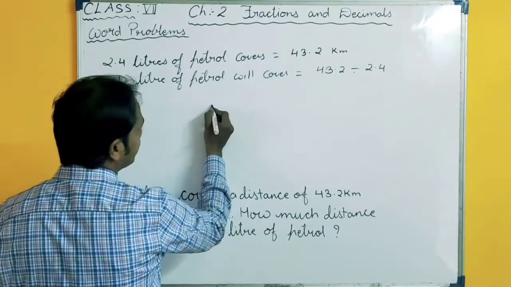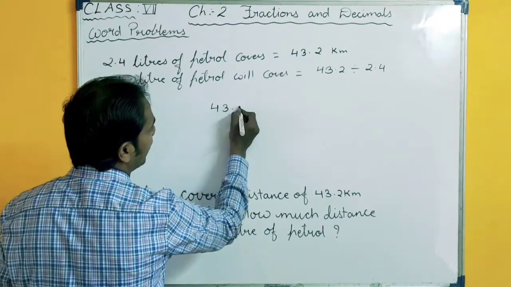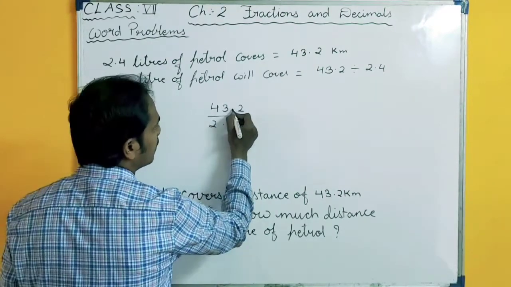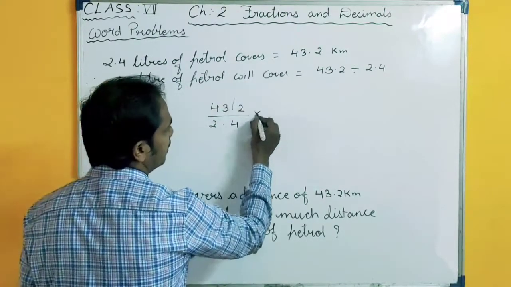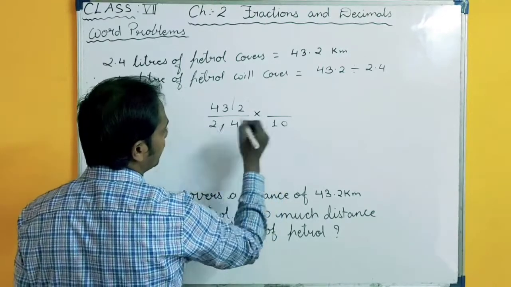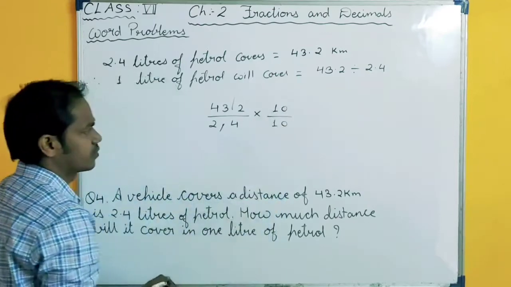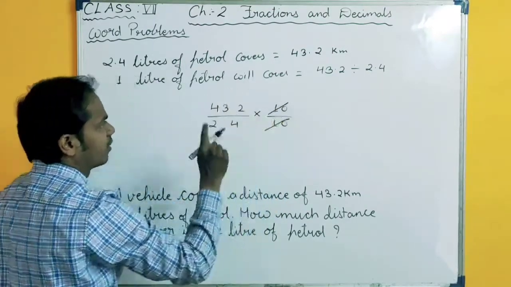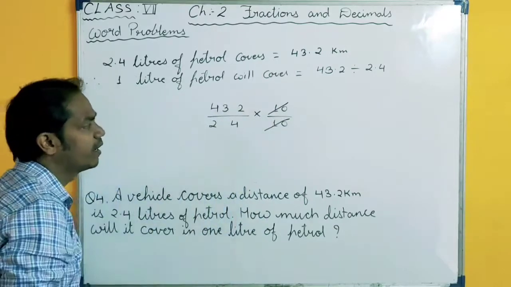Okay. So here I am dividing this by 2.4. When you remove this decimal, you will get 10 in denominator and 10 in numerator also. When you remove this point, that means 10 to 10 cut. Now 432 divided by 24.